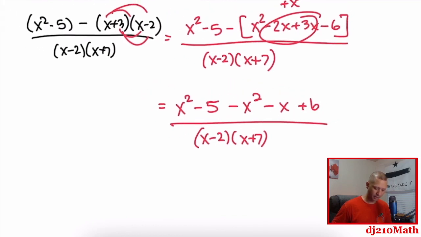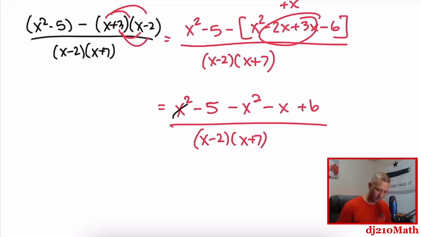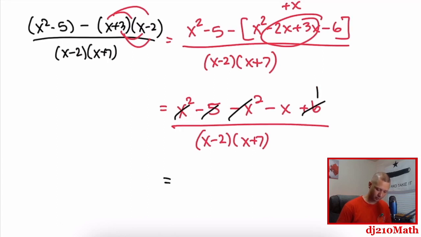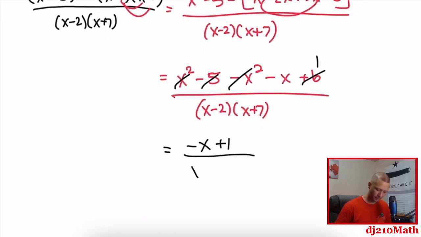Okay. Combining like terms. X squareds go away. Negative 5 and a 6 make a 1. So, numerator, negative x plus 1 over x minus 2, x plus 7.